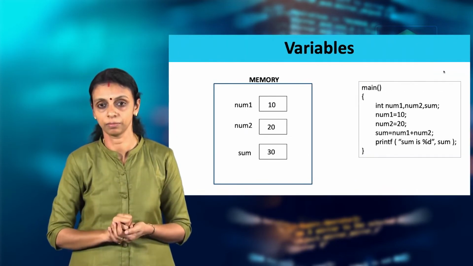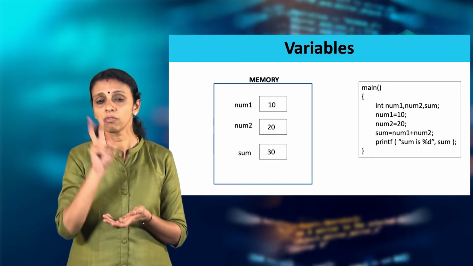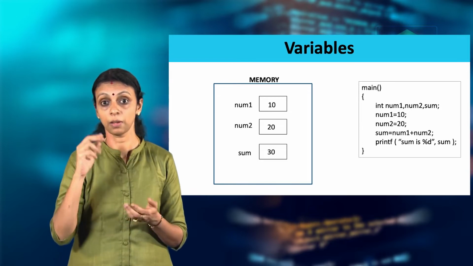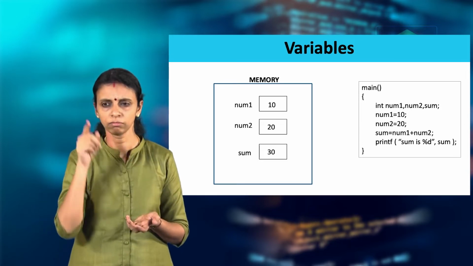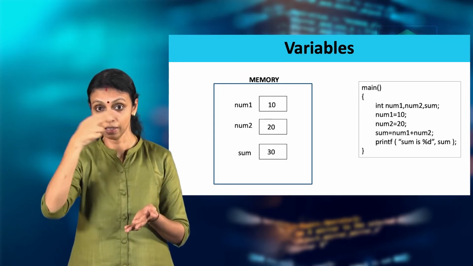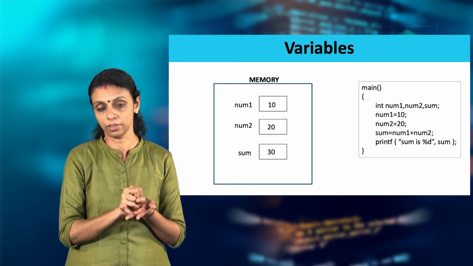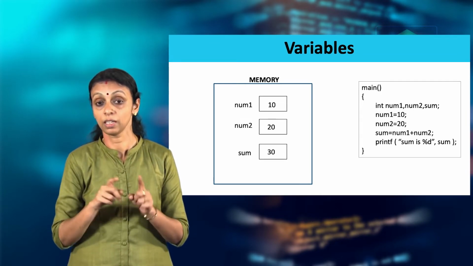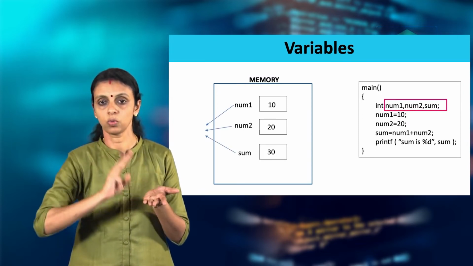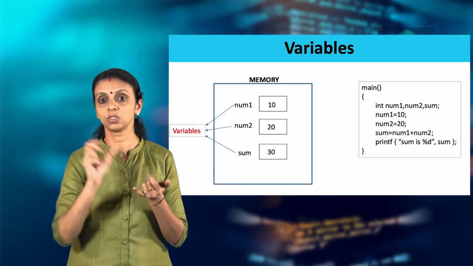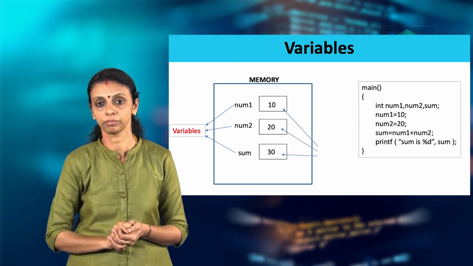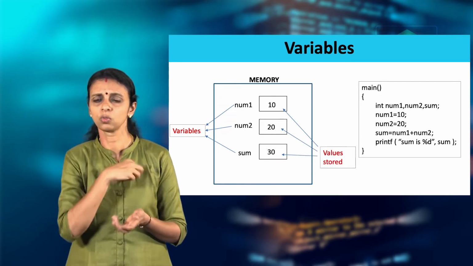Variables. Now, let us see what a variable is. We have named memory areas to store values. These named memory areas are called variables. In the example program, variables are num1, num2 and sum. So, remember these points. Variables are used to store values.